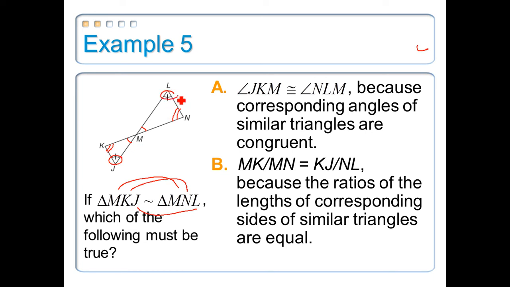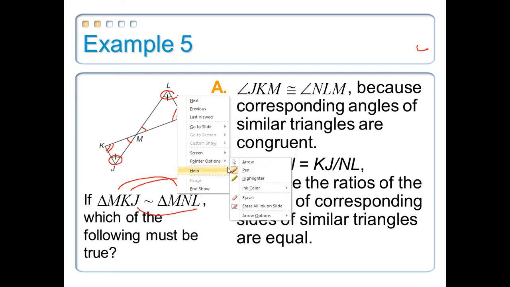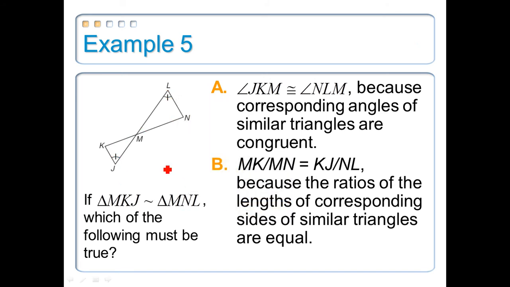So let me get rid of some stuff here. So we're back here, and so we need to ask ourselves, does angle JKM is it congruent to NLM? And so they have to be corresponding.